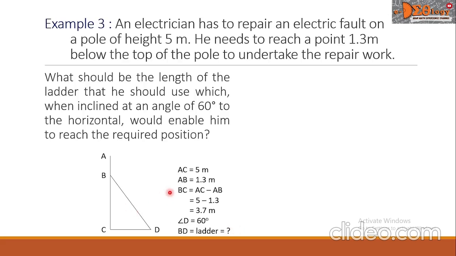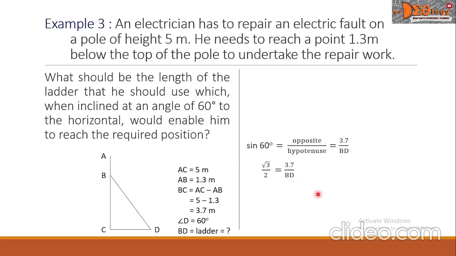Using our diagram, we can see that the sine 60 degrees is equal to opposite over hypotenuse. Getting the values from the figure, we have this is 3.7, that is the opposite, over BD. When we substitute the value of sine 60 degrees, that is square root of 3 over 2 equals the right side 3.7 over BD.